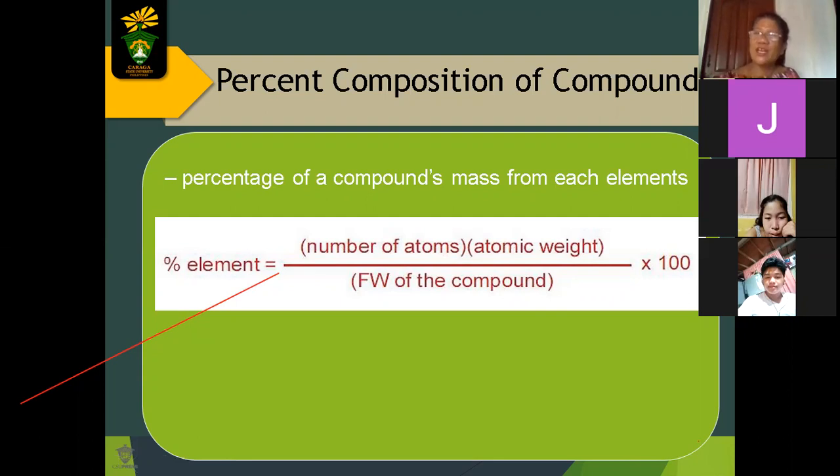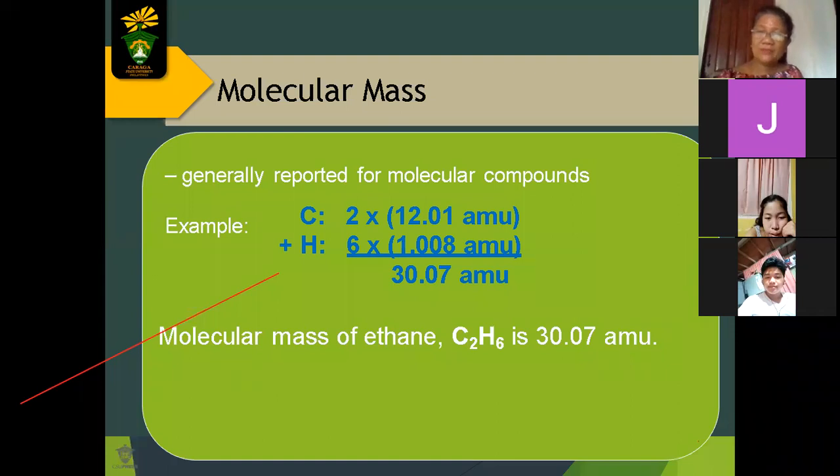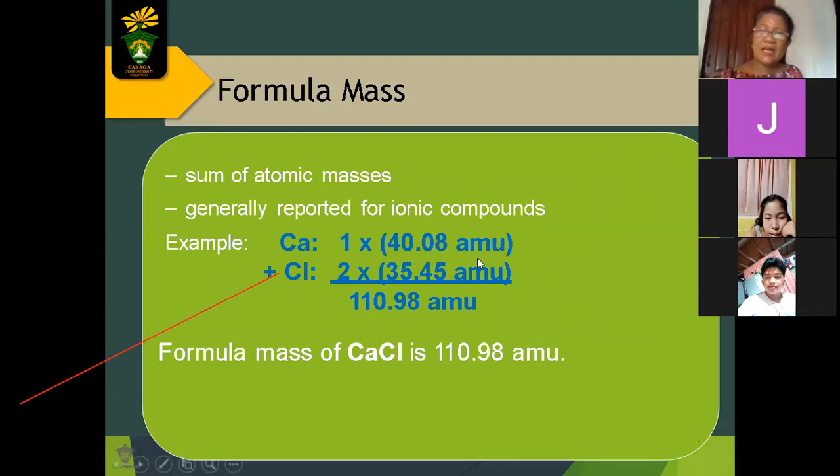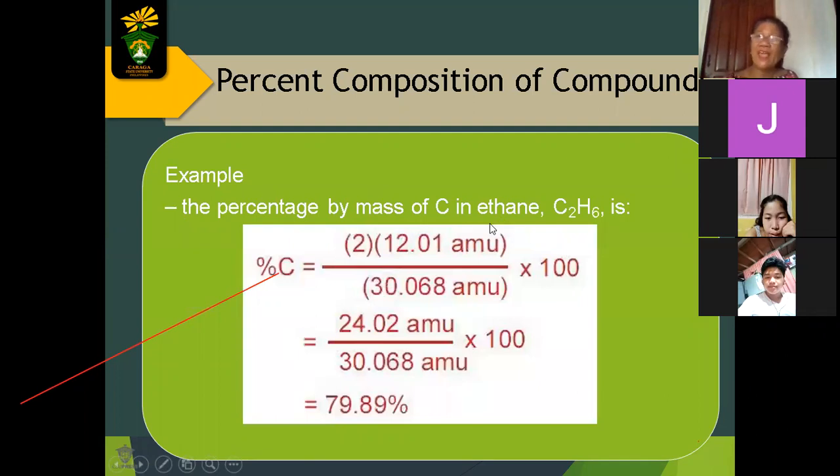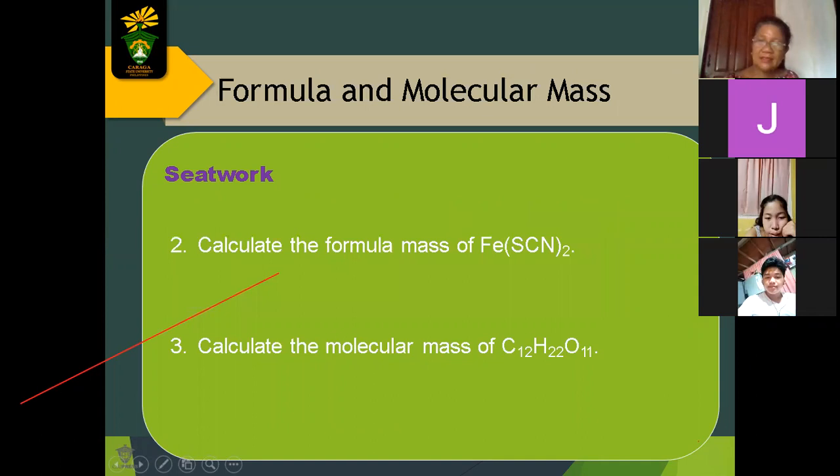So the first step here is we need to compute the formula weight of the compound. Once we have it, we can get the percentage composition of the element. Example, we have ethane.